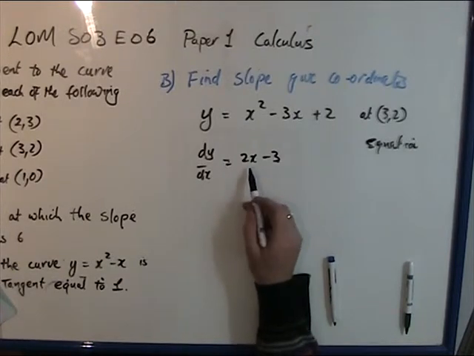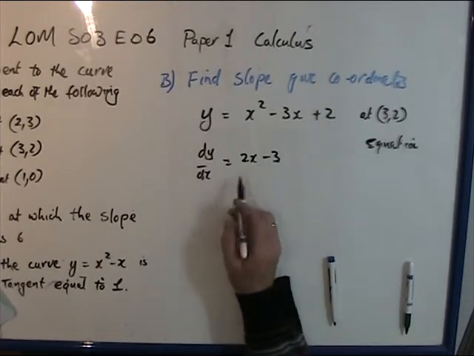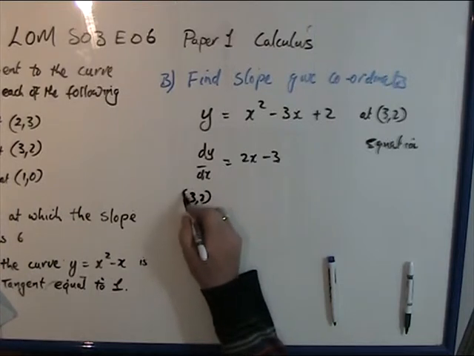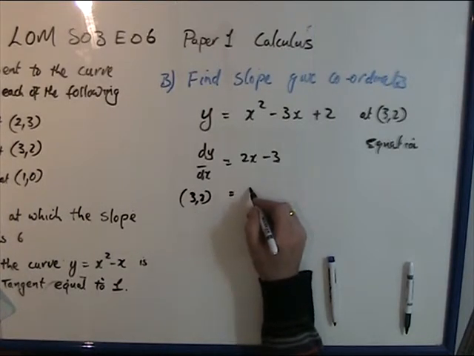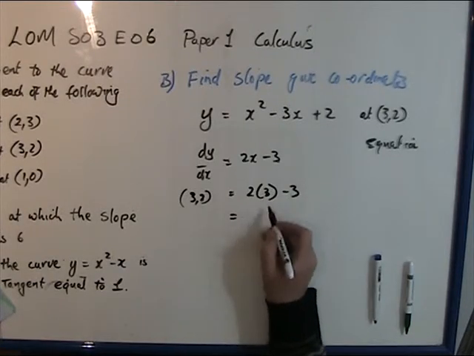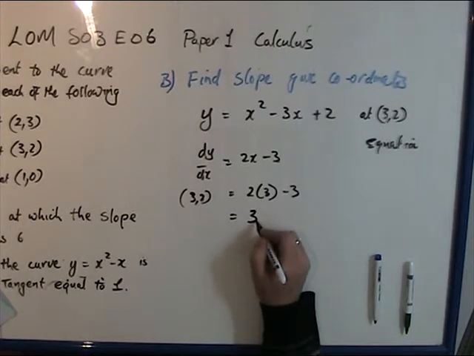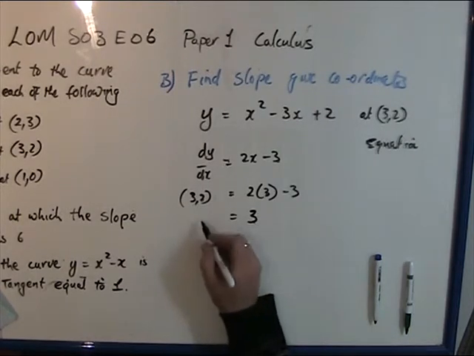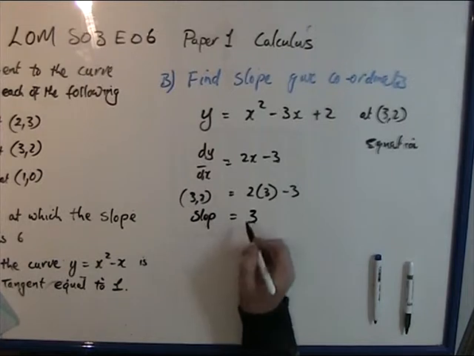So this is the general slope. What's the slope of that at this point? Well, that's equal to 2 times 3, so we're putting in the coordinates, minus 3, is equal to 6 minus 3, which is equal to 3. The slope of that curve at that point is equal to 3.